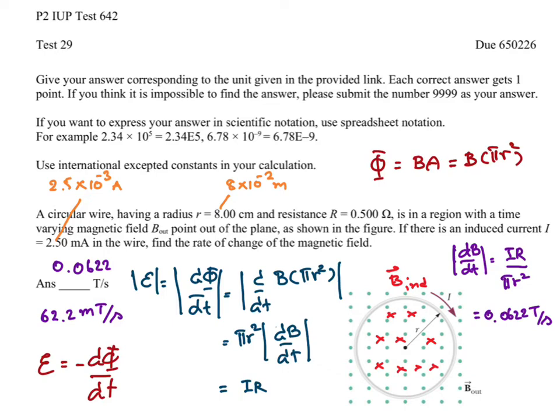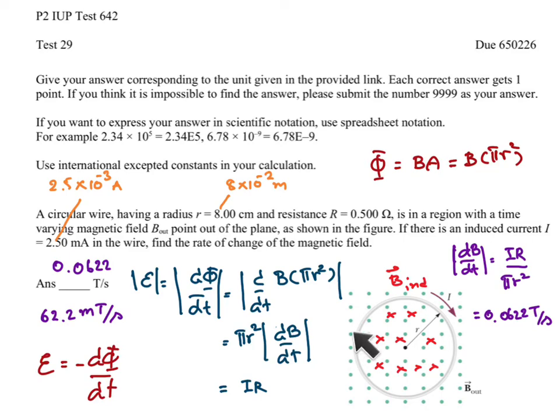And you can see from this figure that the direction of I points in this direction, and this I will produce an induced magnetic field pointing into the plane, which means that this rate of change tells us that the magnetic field here will increase, right?